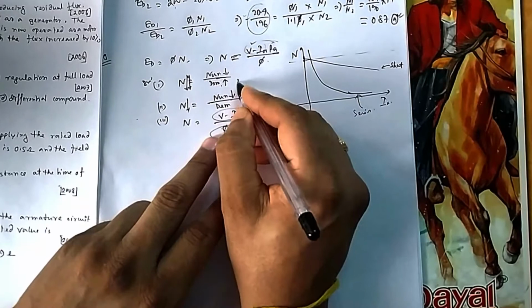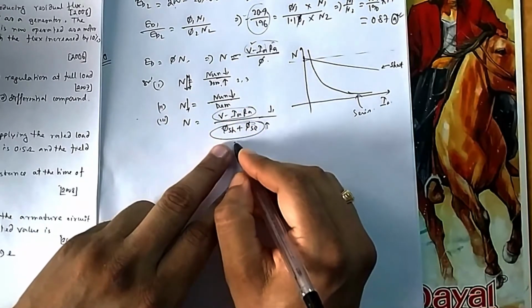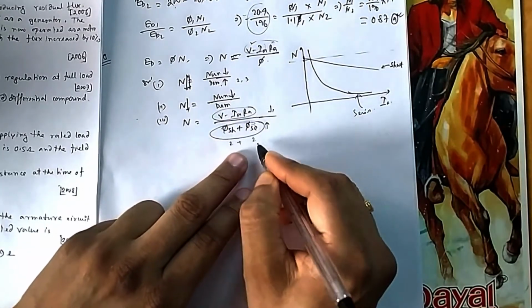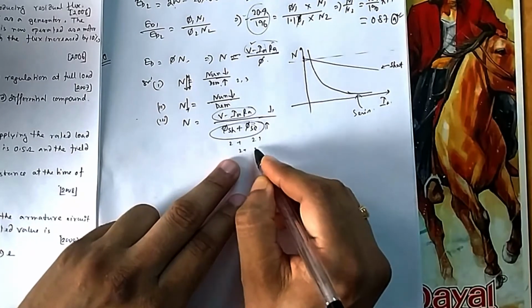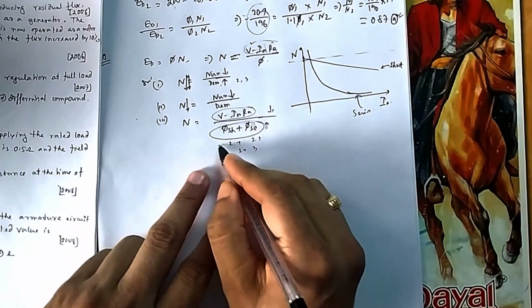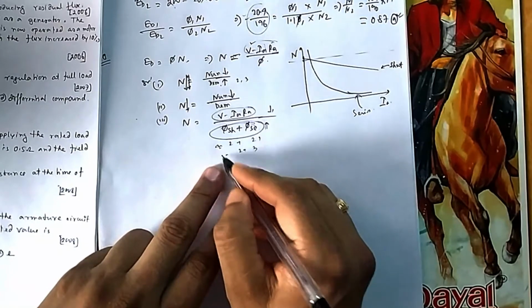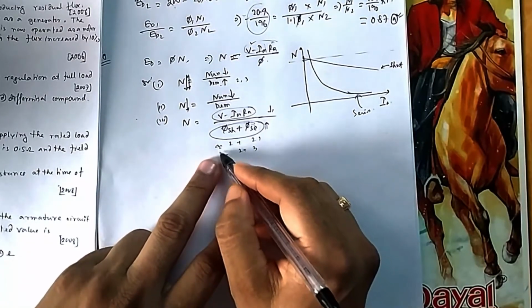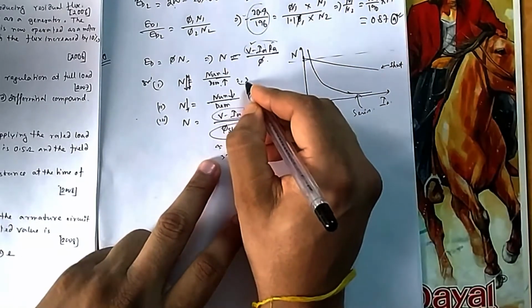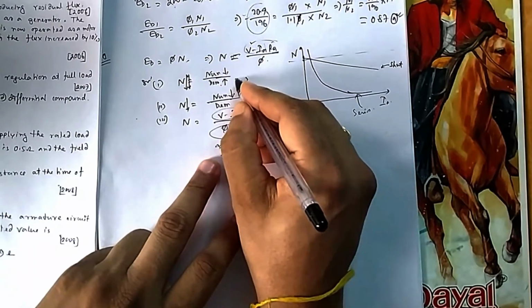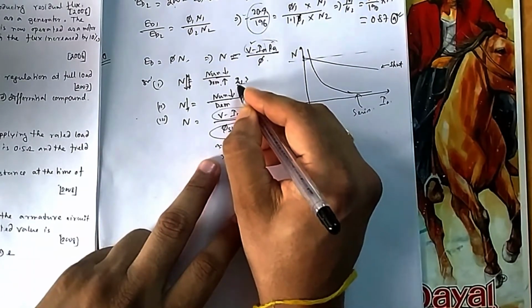Earlier it was changing from 2 to 3. Now suppose it is 2 plus 2, so we are changing from 2 plus 2 to 2 plus 3, so from 4 to 5. How much change? 25% increase, 1 out of 4. And here from 2 to 3 it is 50% increase, because earlier it was 2, now it is going to 3, so 1 out of 2.